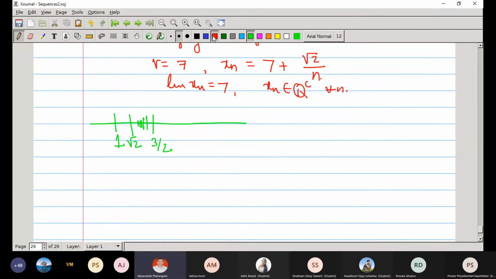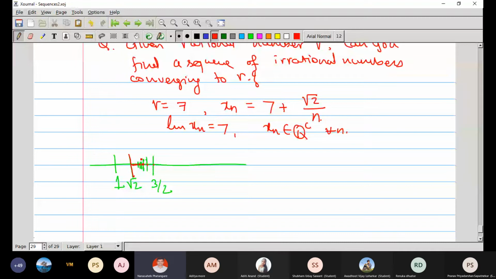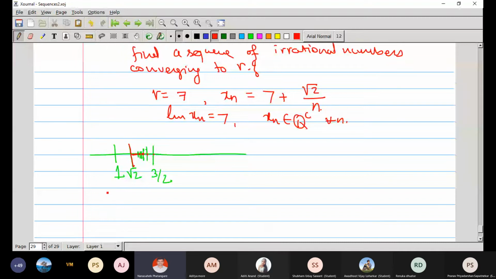So what does this sequence actually do? The second term is 3 by 2, the third term is somewhere here, the fourth term is here, the fifth term is here. That means we are going closer and closer to root 2. So these terms actually give approximate values of root 2.